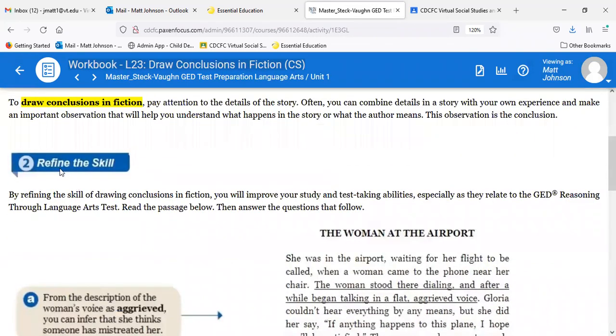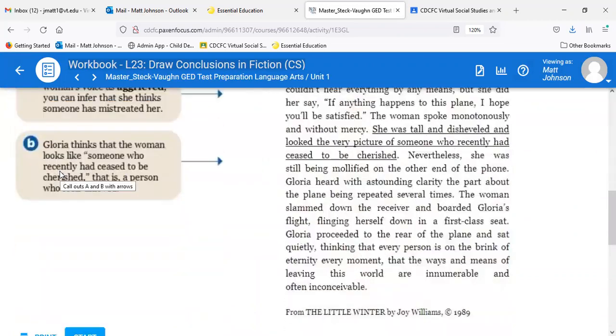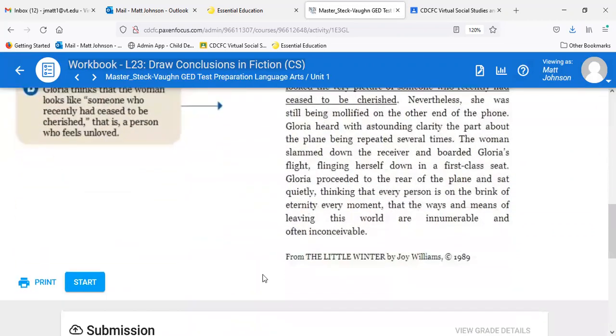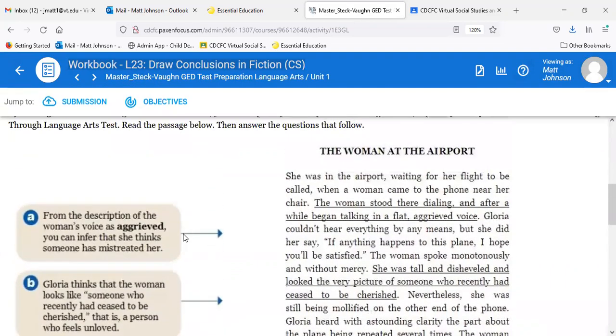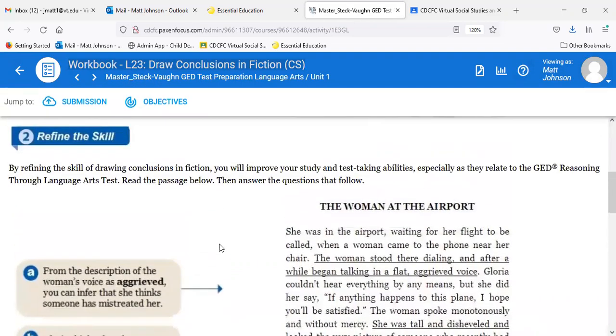Our next little passage here is from The Little Winter, Joy Williams, 1989. And the short title above is The Woman at the Airport. It says, she was in the airport waiting for her flight to be called when a woman came to the phone near her chair.